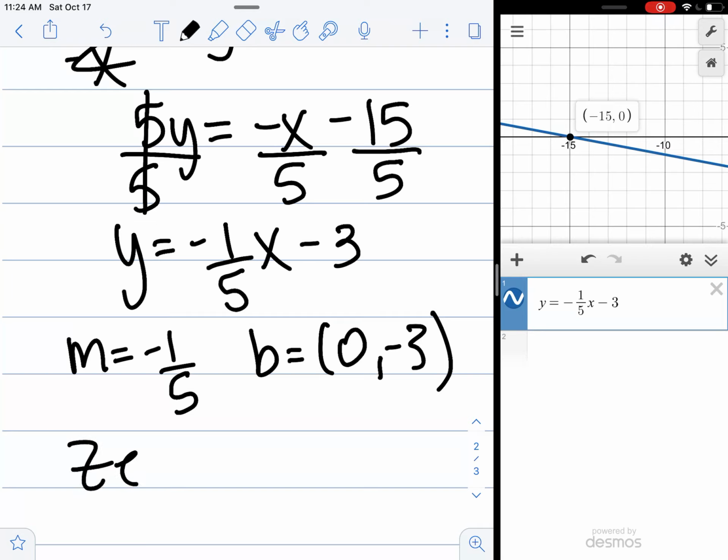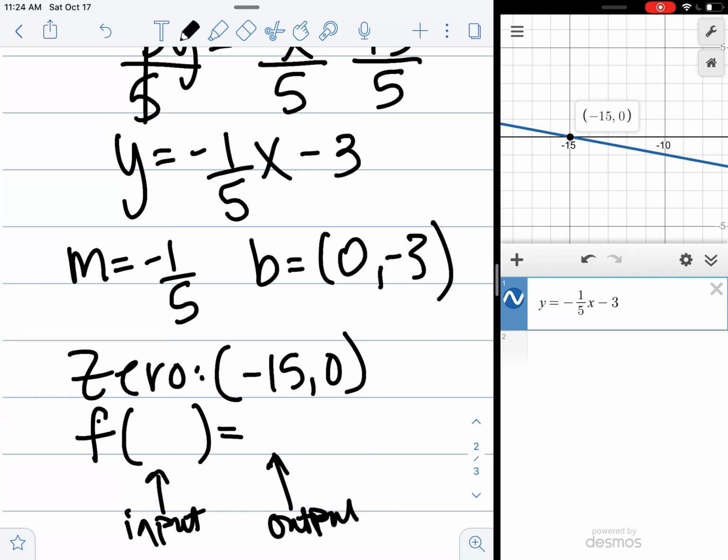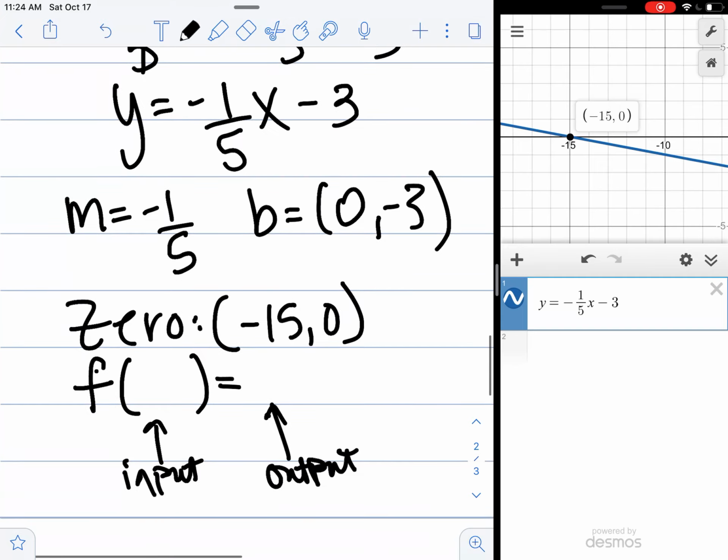And again, we'll write that as a coordinate. Now, another thing you might see it written is function notation. So something equals something. Again, here's our input, and then here's going to be our output. So our input is our x, and our output is our y. So x and y. So you'll see it written as negative 15, 0.